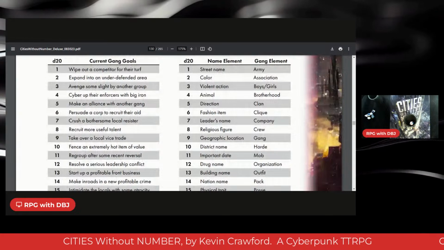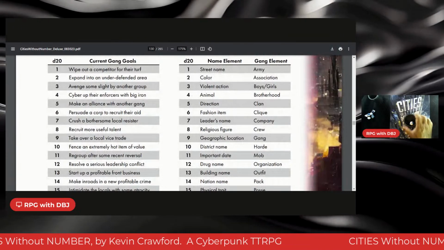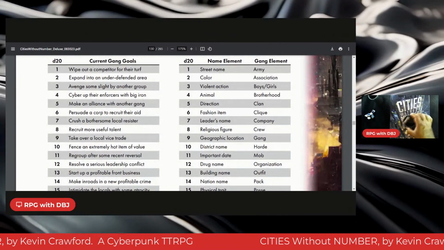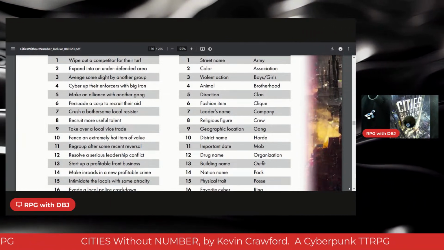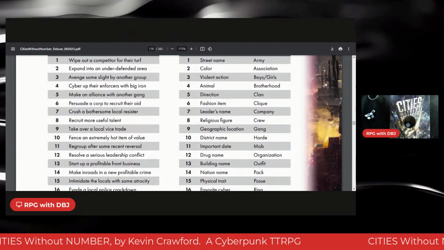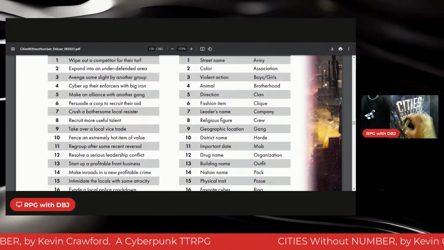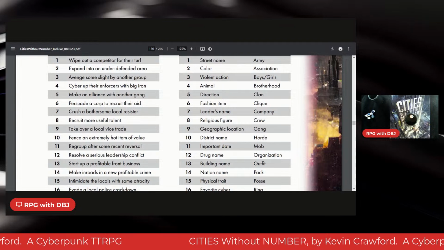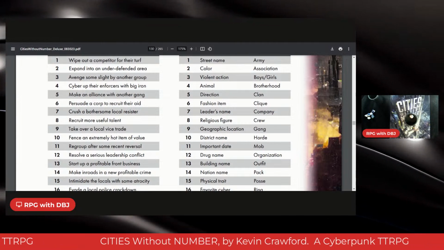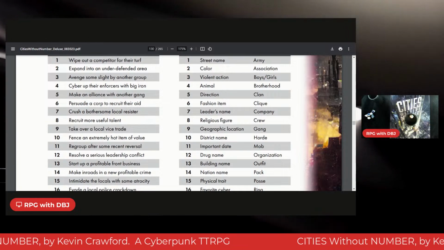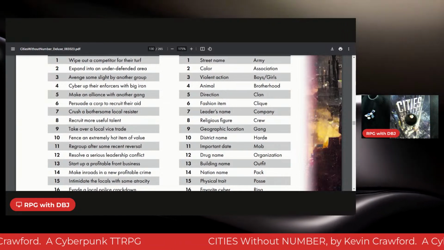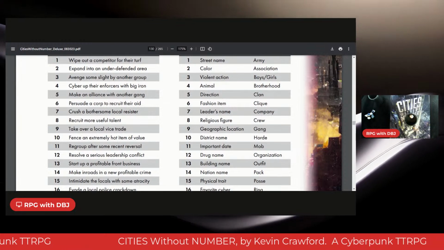Current gang goals, and then the name of the gang. Let's come up with the name of the gang. So we've got 15, physical trait, mixed with number 6, click. It's a physical trait. Short click. I don't know.